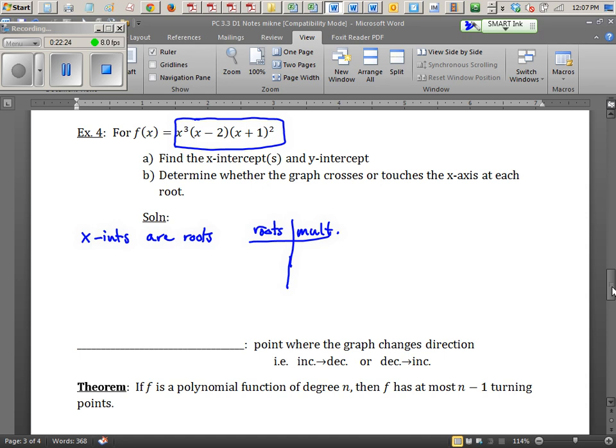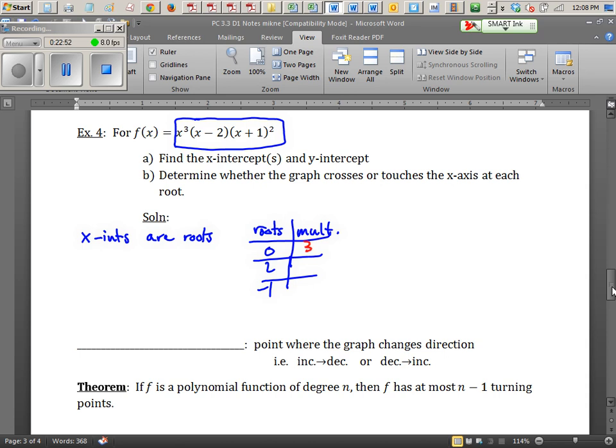It's already factored. 0, 2, and negative 1, right? What are the powers on the parentheses? So 0 is coming from the fact that we have an x out front. What's the power on that thing? 3 powers, right? So 0 is a multiplicity 3 root.